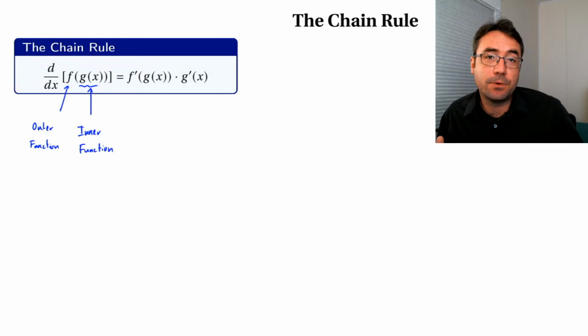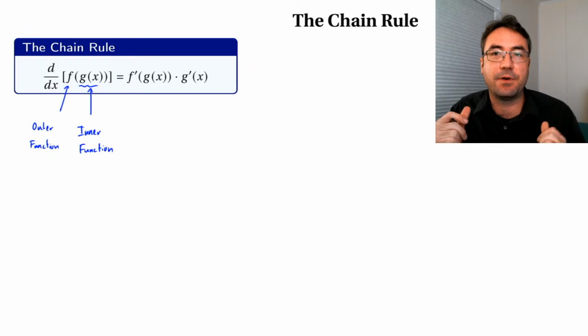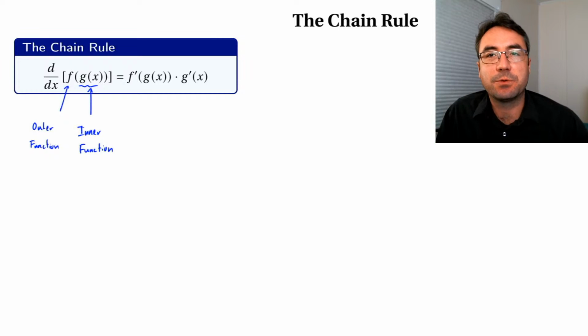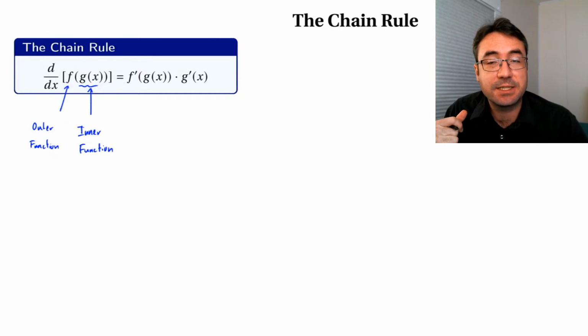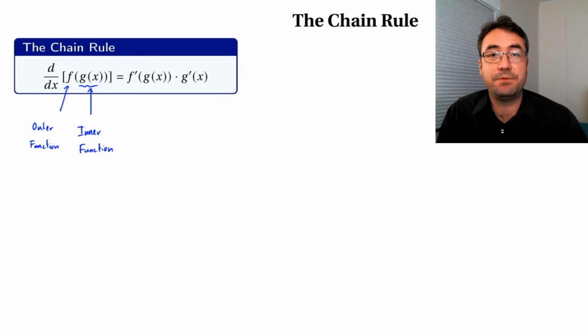So the chain rule allowed us to differentiate composite functions like this. What does the chain rule say? The derivative of f composed with g of x is equal to the derivative of our outer function with the inner function plugged in, times the derivative of the inner function.